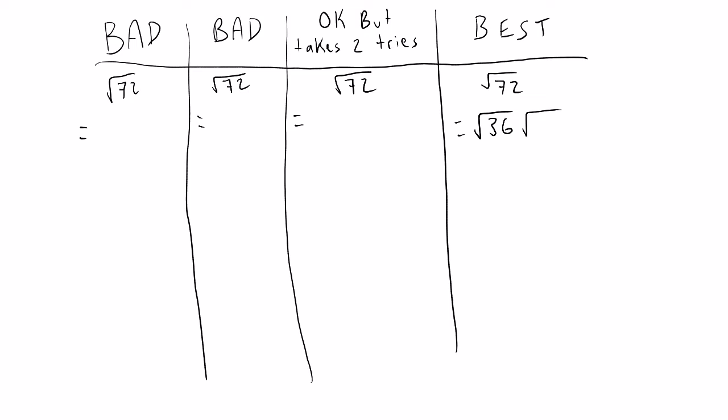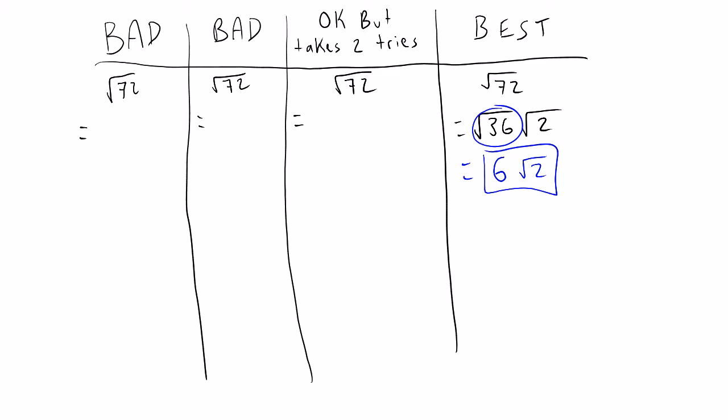This time I know that it's 36, so I'm going to do 36 times 2. 36 times 2 is 72, and 36 is the biggest perfect square inside of 72. We know how to do the square root of 36. It is 6. And then we have the root 2 left over. And we're done. That's it. Okay, that's very nice. It's really just, I guess, a two-step problem.